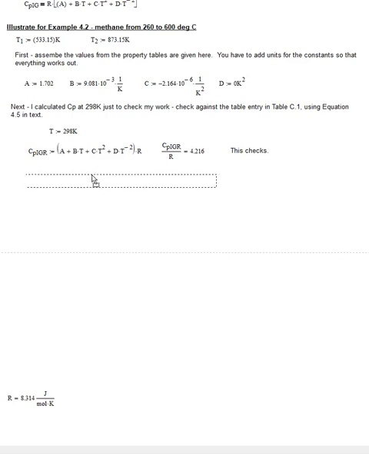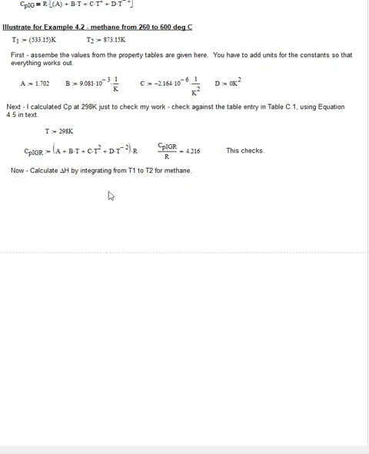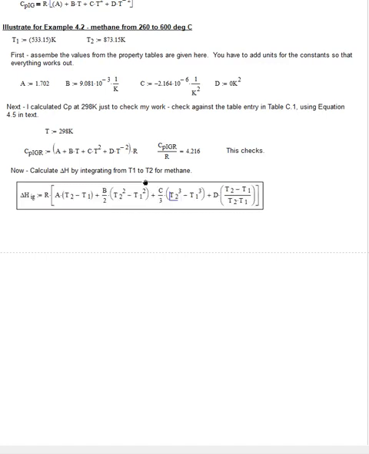So still within this example of methane, I can calculate the delta H. This is a delta H that they're asking for in this example. And so that equation is given to you. It is equation, I believe, 4.8 in your textbook. That is 4.8.